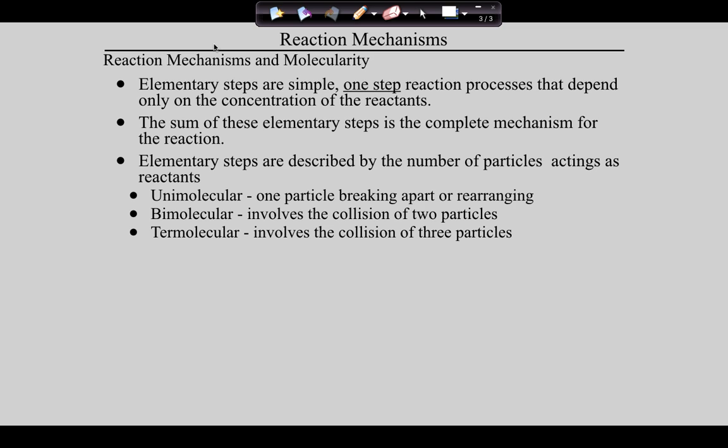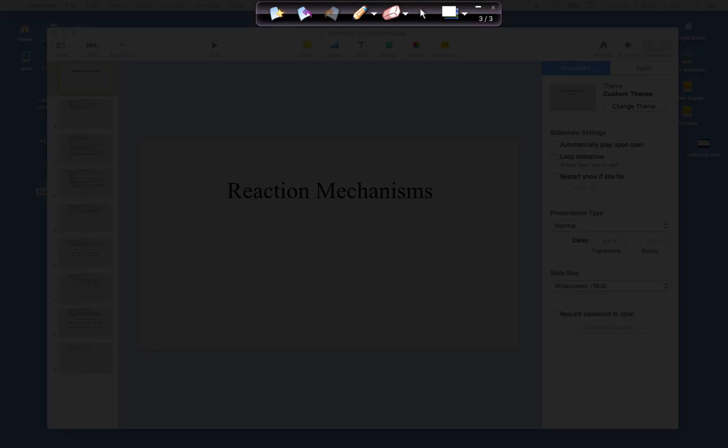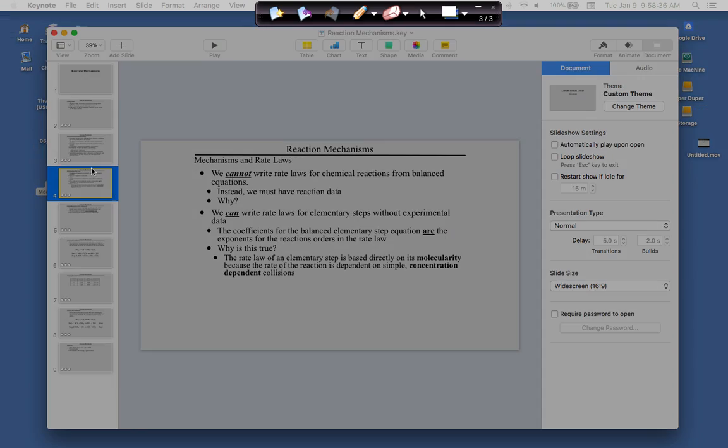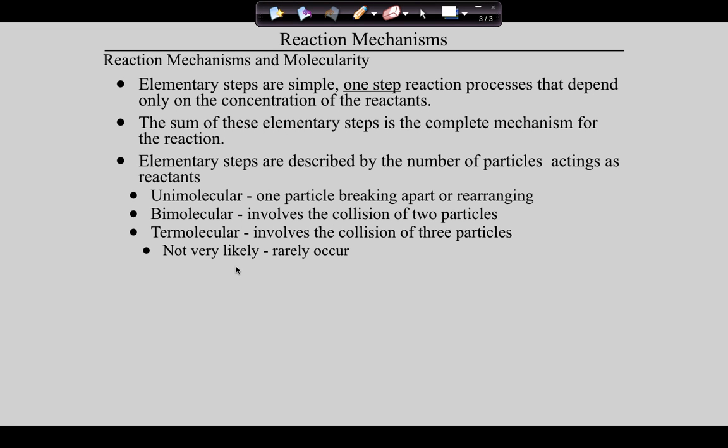If you're comparing two different mechanisms and one of them requires a tetramolecular step, it's probably not going to happen because that's so unlikely. 4 things is almost 0 chance. 3 is pushing it. Oh, Skyward crashed. Guys, termolecular steps occur very, very infrequently, and anything more than 3 is pushing no chance at all.